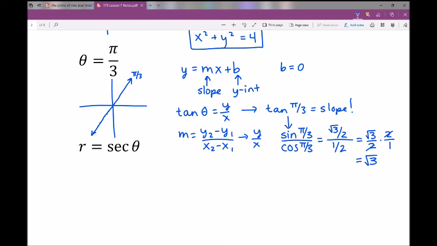So because the tangent is the square root of 3, the square root of 3 is our slope. So we can plug this into our slope-intercept form. So we get y is equal to the square root of 3 times x, and our y-intercept was 0, so we don't really need to worry about that. So this is our rectangular equation that goes with theta equal to pi over 3.